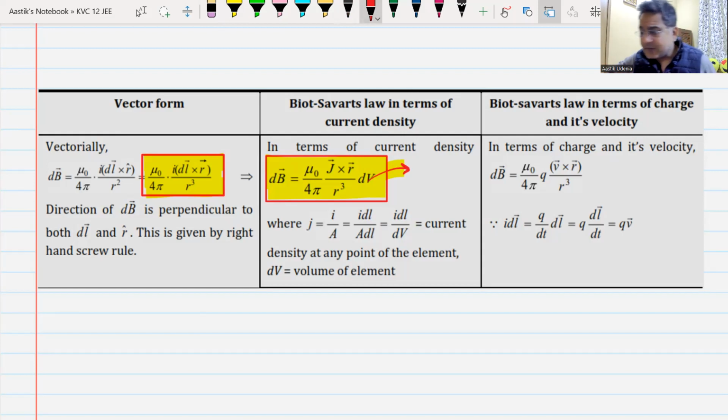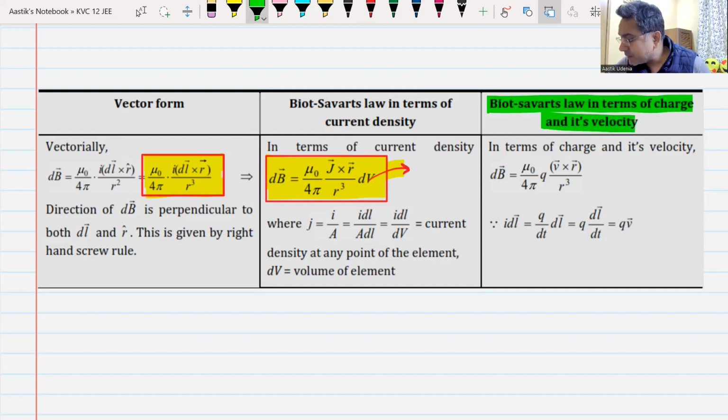The third one is the magnetic field created by a moving charge. Now remember this, the third formula is the actual form of Biot-Savart law when it is given in the form of magnetic field created by a point charge. Magnetic field created by a point charge which is moving with a velocity.